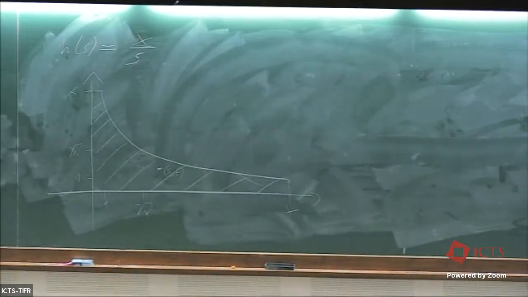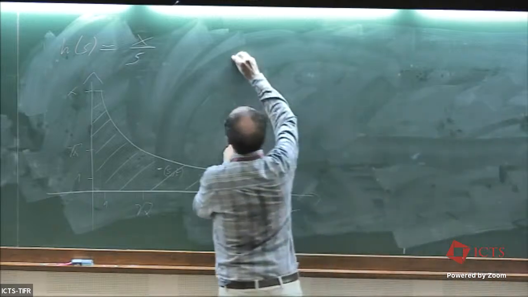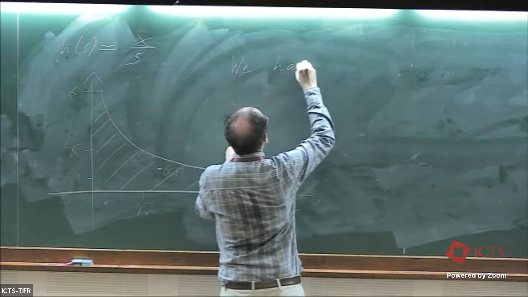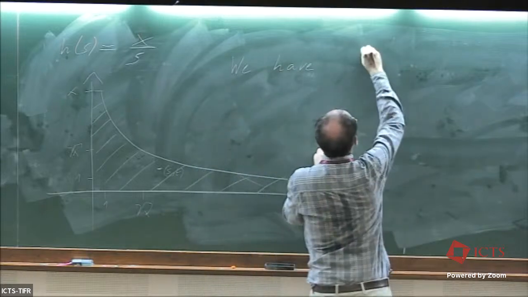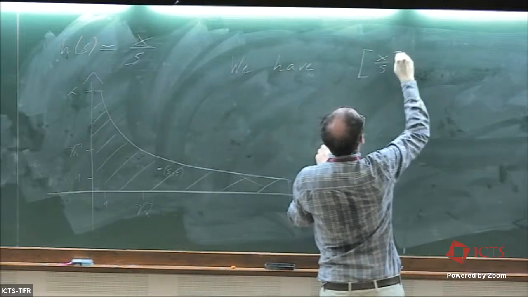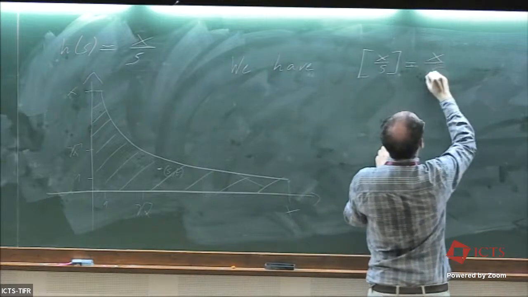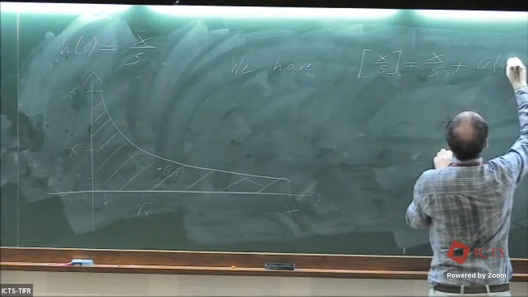Let's first obtain the main term. We can just approximate this box function in the way which I indicated earlier. We have floor of x divided by s equal to x divided by s plus O of 1.